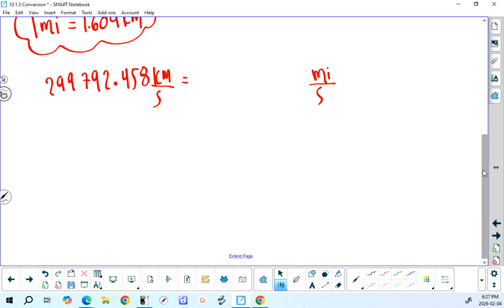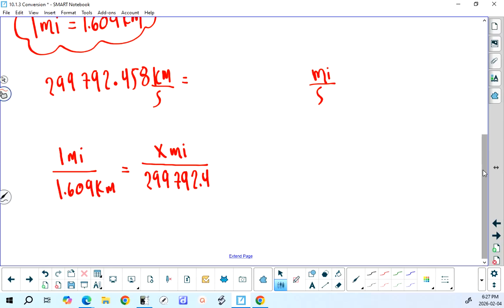That 1 mile is 1.609 kilometers. Therefore, x miles is 299,792.458 kilometers. And we cross multiply.